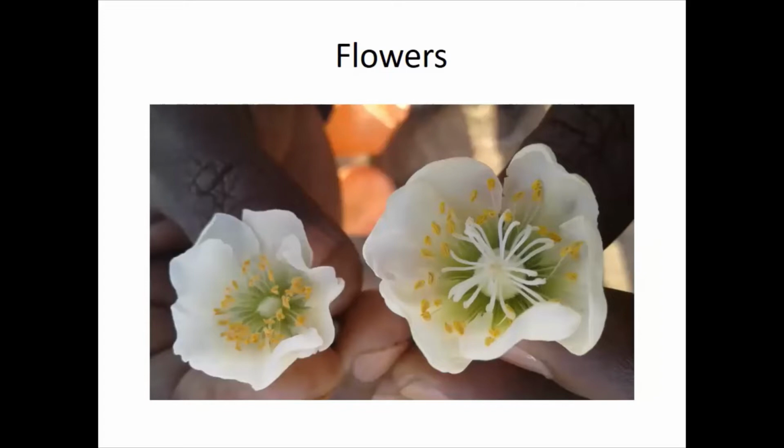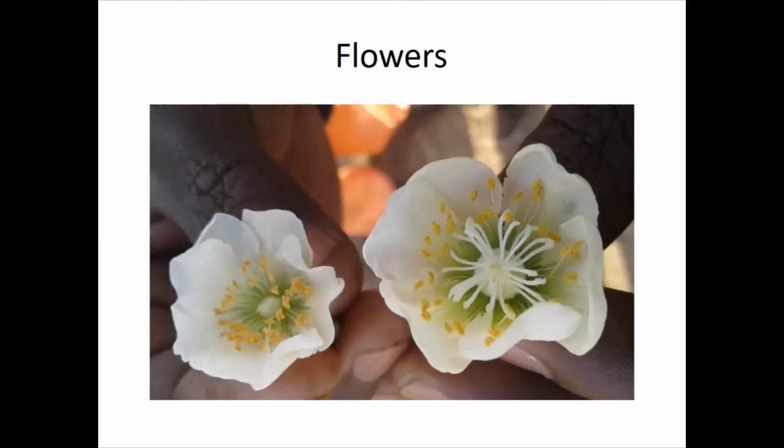So these are the flowers. On my right-hand side is a female flower. As you can see, it has the stigma, which is that white thing. Then it also has the anthers, but the pollen that you find in these anthers is not mature enough to be able to pollinate these flowers.